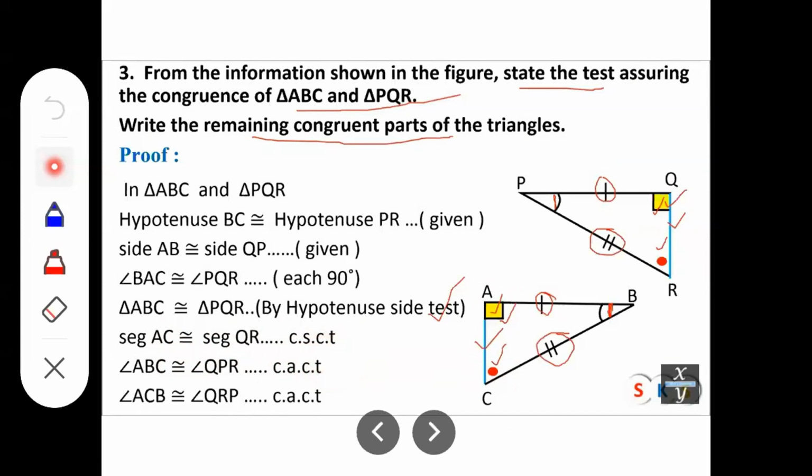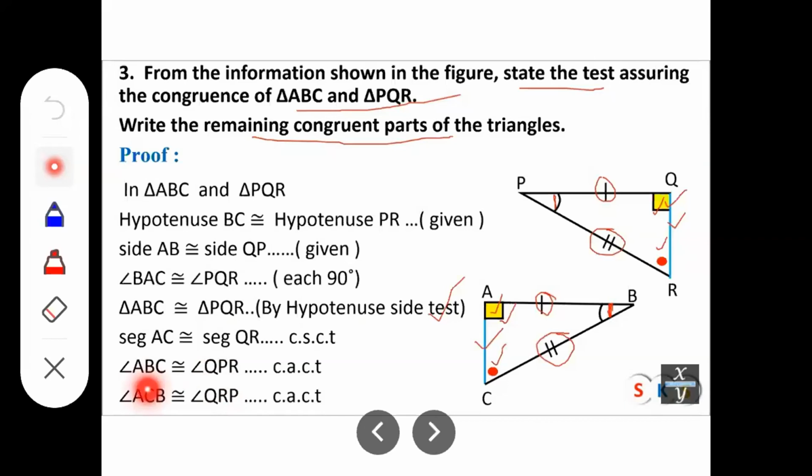Now the angles. One of them, the right angle, we have already written here. Now we have to write the rest of the two angles: angle ABC. Angle B is there, and along with angle B, the corresponding angle will be angle P. For A, the vertex will be Q, so the name of that angle will be QPR.